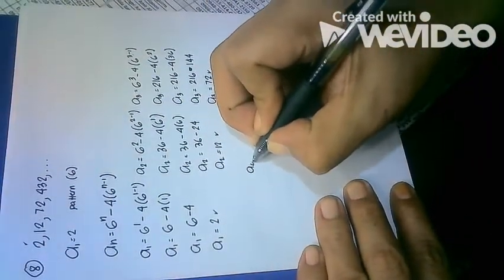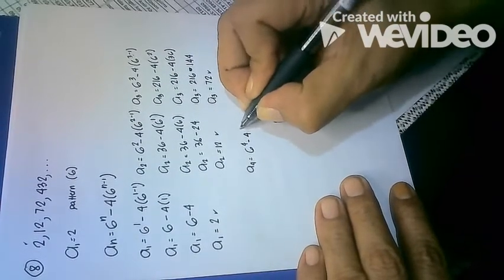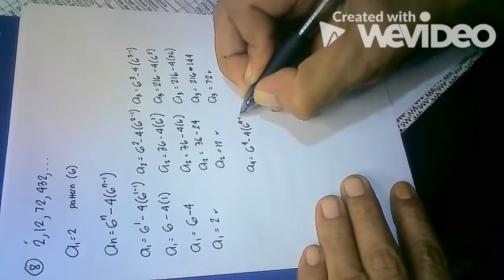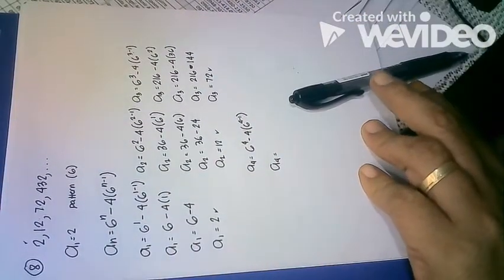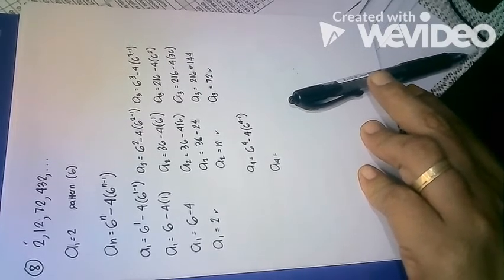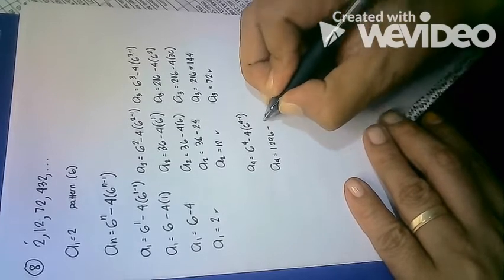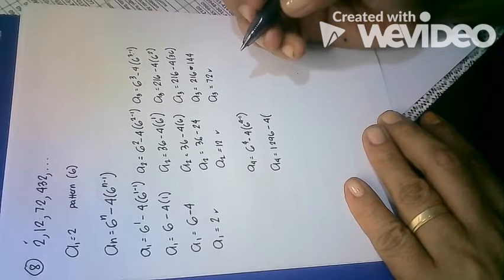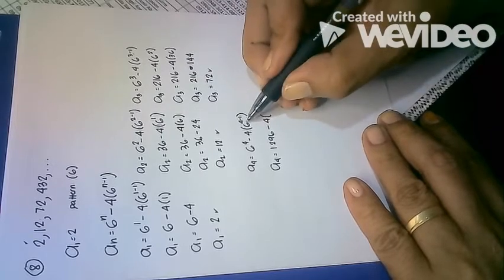And for a sub 4, it is equal now to 6 to the 4 minus 4 times 6 to the 4 minus 1. And a sub 4 now equals, what is 6 to the 4? Let's see. 6 to the 4 is 1,296. 1,296 minus 4 times 216, which is 6 to the 3, right? 216, since that is 6 to the 3.